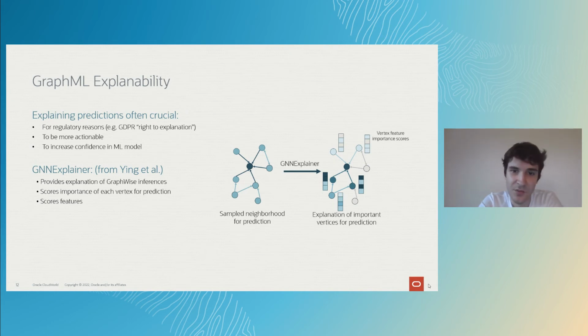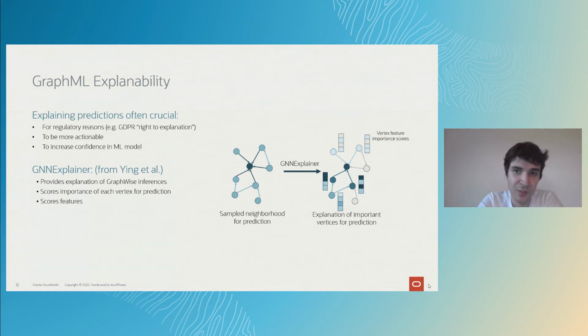Explanations can also be used beyond just regulatory use cases, where maybe we want to be able to take action from a prediction of a model. Sometimes we still need humans in the loop to be able to, from the prediction of the model, do the necessary next steps.